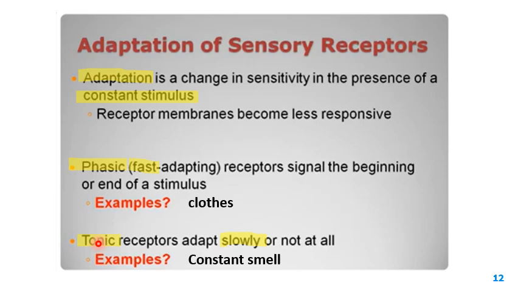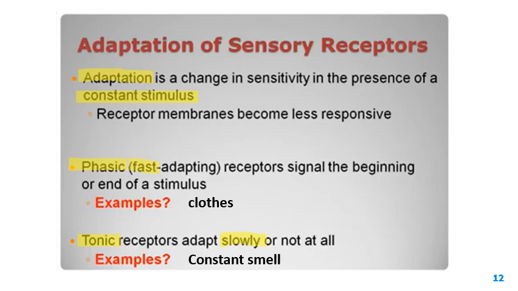You just smell a bit of alcohol and that's it. Now I don't know which perfume to take, and then you ask the salesperson which one they like. So this is a type of tonic adaptation that takes a bit longer for you to start desensitizing your sensors, right? So everybody knows the difference between phasic and tonic.